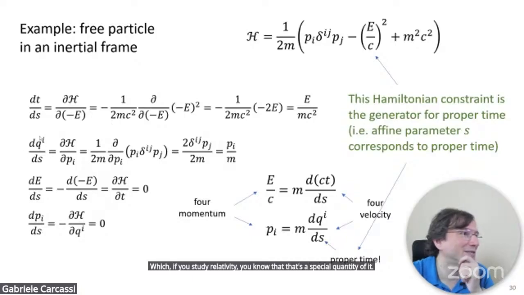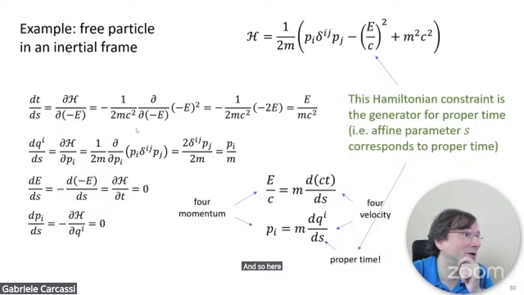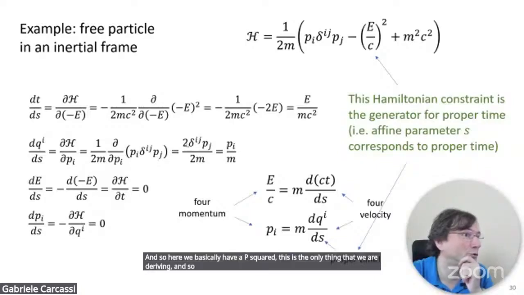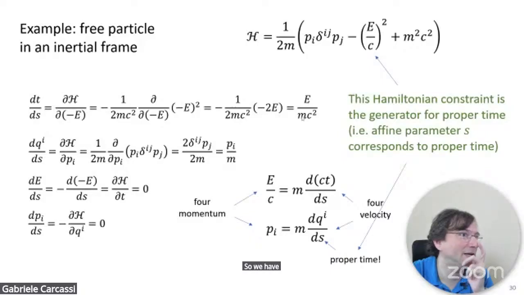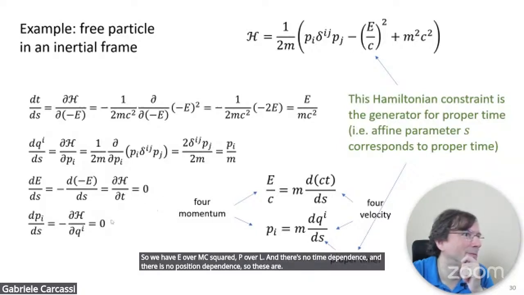Then you do the same thing with the position. Position with respect to an affine parameter, we are just taking the derivative with respect to p. Here we basically have a p squared, because this is the only thing that we are deriving. The 2 goes away, and so we just have p over m. So we have E over mc squared, p over m, and there is no time dependence and no position dependence, so these are all 0.